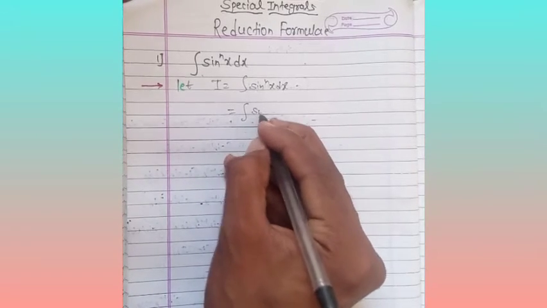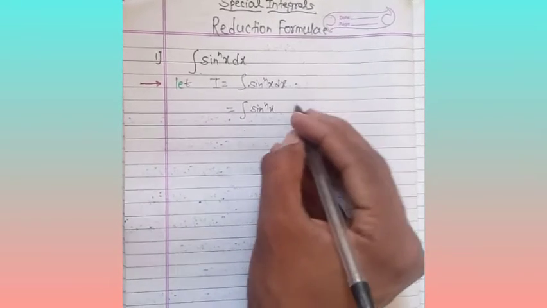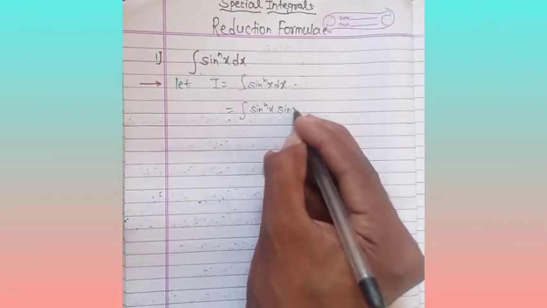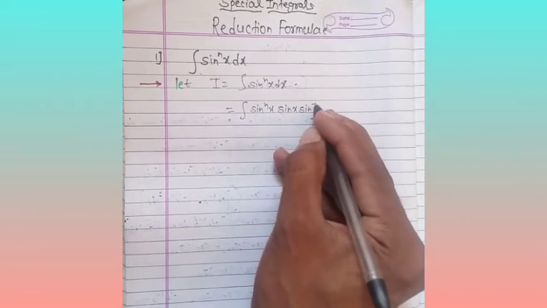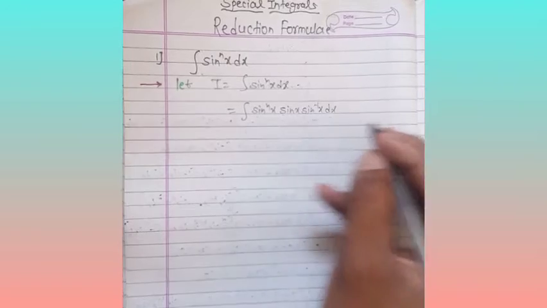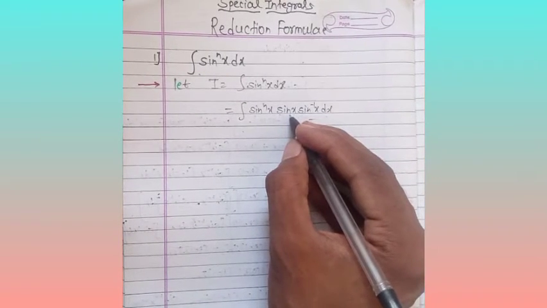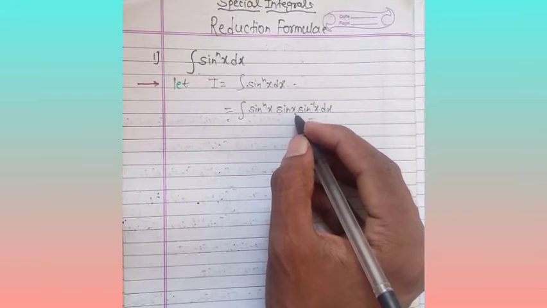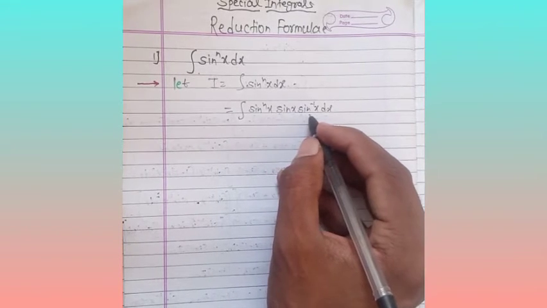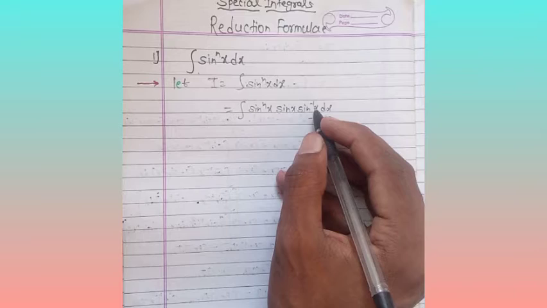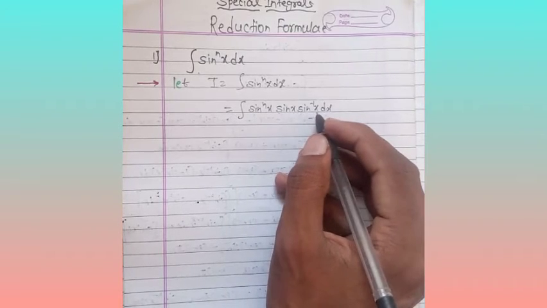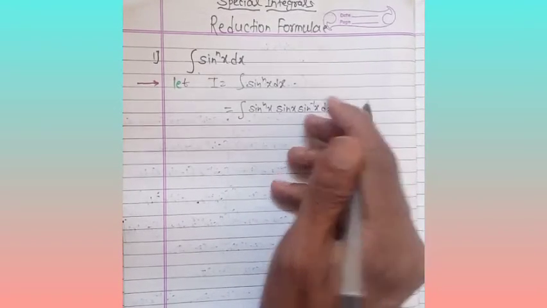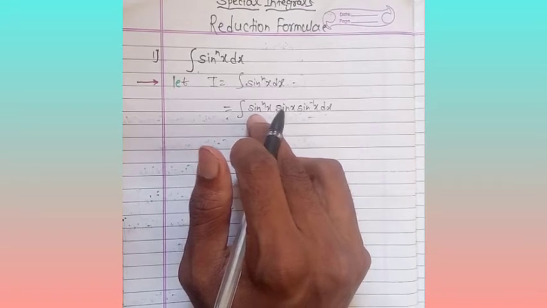So we will adjust by multiplying sin x into sine inverse x dx. If you see these two terms, you will come to know that sin x into sine raised to minus 1 x, or sine inverse x, is equal to 1. So it will not affect our given integral.